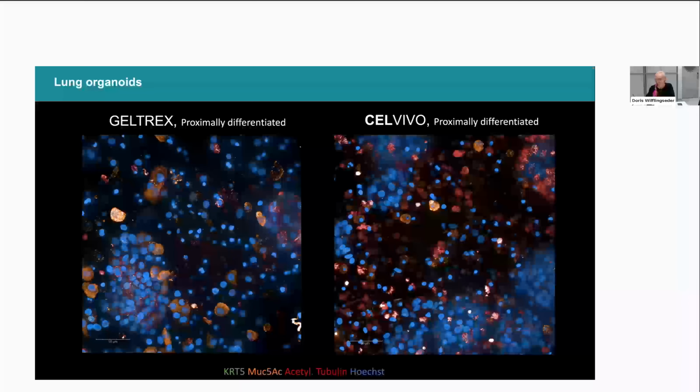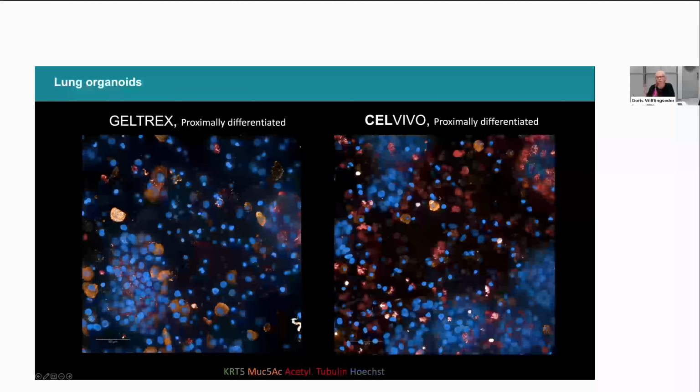And what we found was that in particular the proximally differentiated organoids were really growing nicely. You see a faster growth, and we could see much more ciliated cells, and also mucus-producing cells were expressed in such organoids.